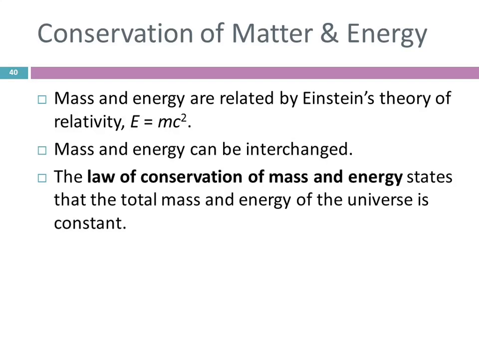It turns out in a nuclear process, you can destroy matter. But it doesn't disappear, it gets converted into energy. And so energy and matter can be interchanged. And so when we combine the law of conservation of mass with energy, we say the total mass and energy of the universe is constant. And this one is completely true to the best of our knowledge.